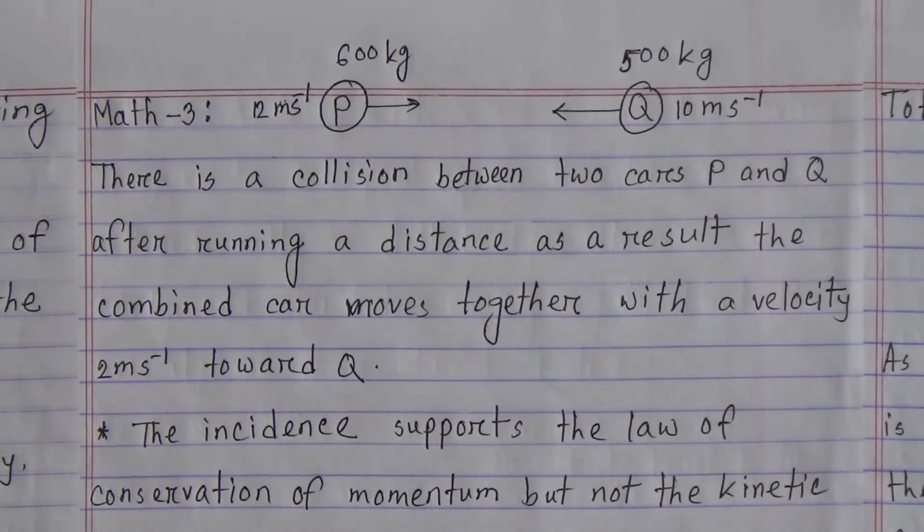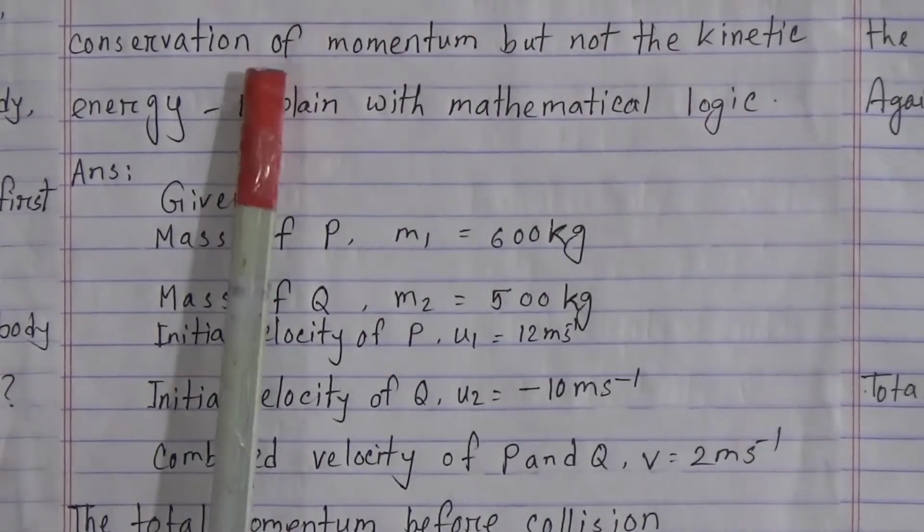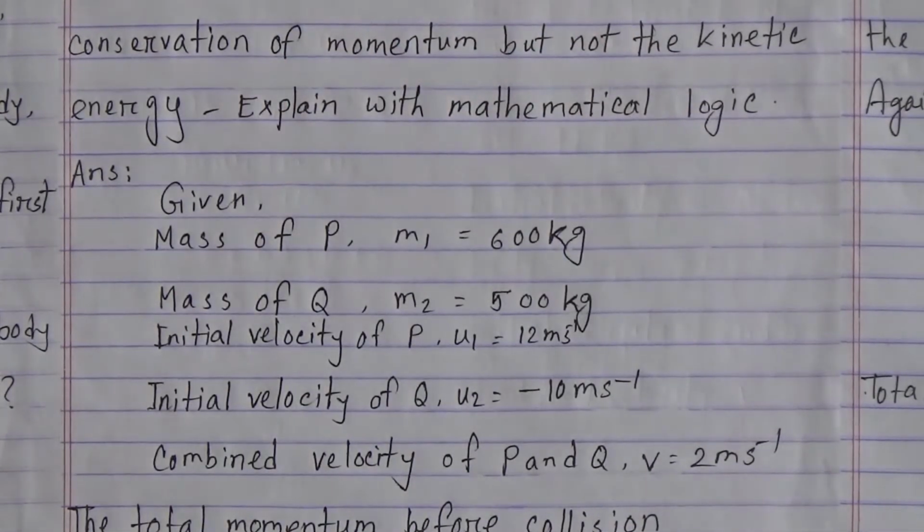At first we have to find the total momentum before collision, and then the total momentum after collision. If the total momentum before and after collision are the same, then the collision supports the law of conservation of momentum. So let's do this calculation.